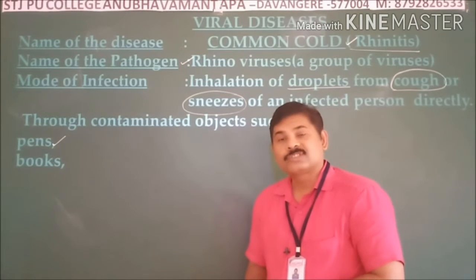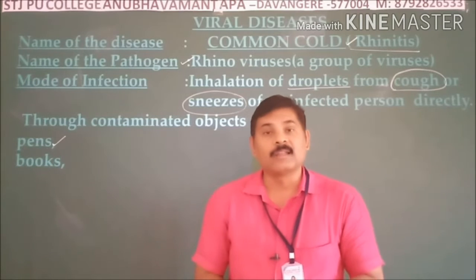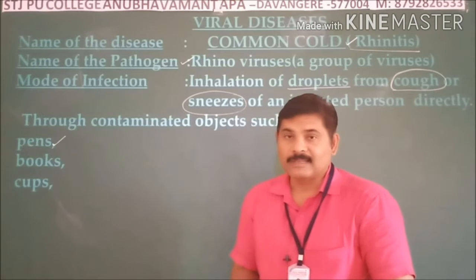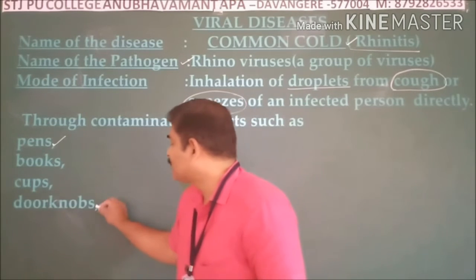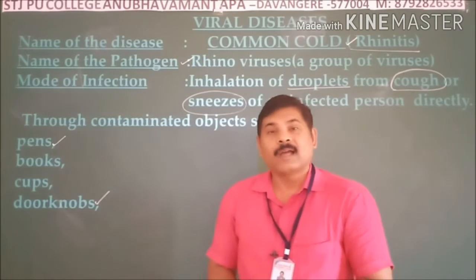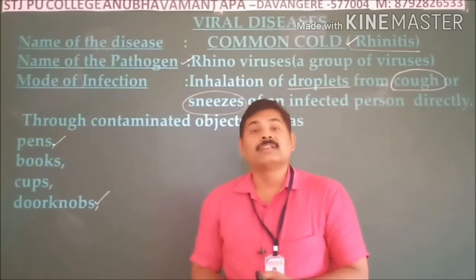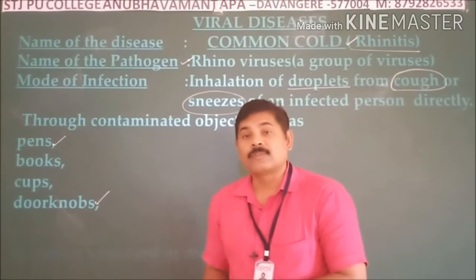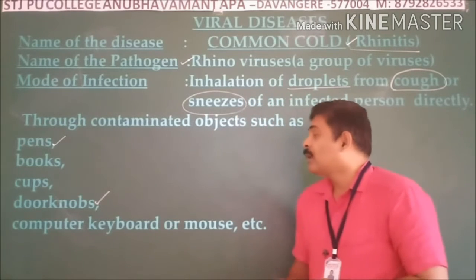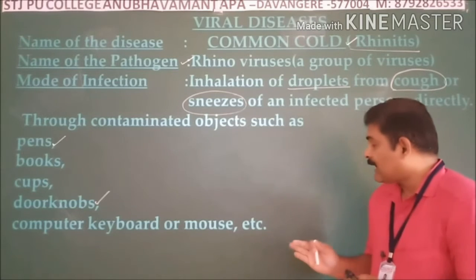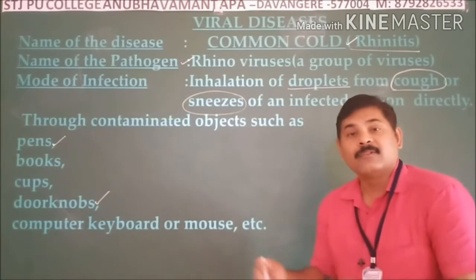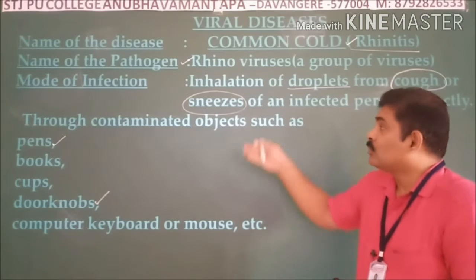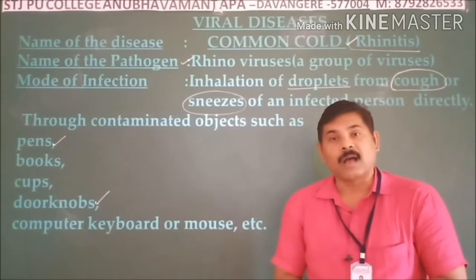Thereafter the books used by an infected person, the cup used by the infected person, door knobs, and nowadays the keyboard and the mouse of a computer also. When a person has used them, if the same thing is used by a healthy person, then definitely this disease gets transmitted from person to person. So these are the modes of transmission of the common cold.